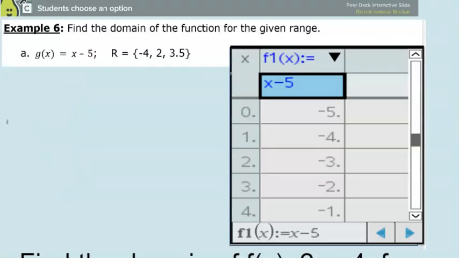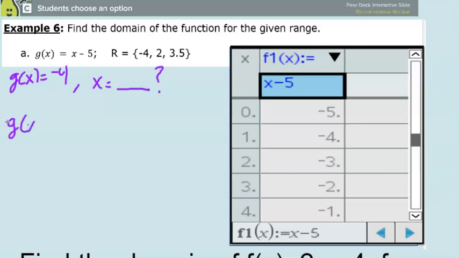Example 6. Find the domain of the function for the given range. So we have g of x equals x minus 5, and then the range is -4 to 3.5. So with g of x equals -4, x equals what?